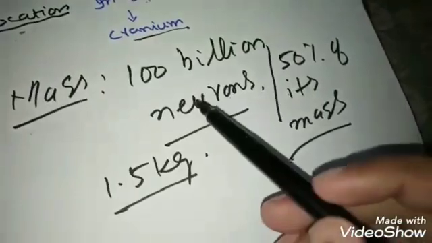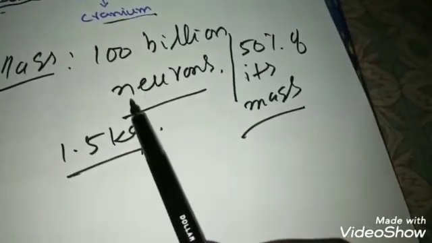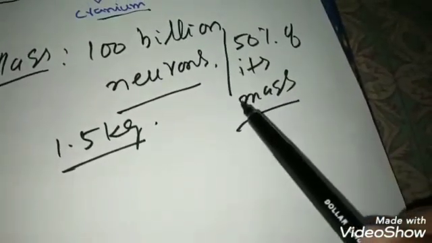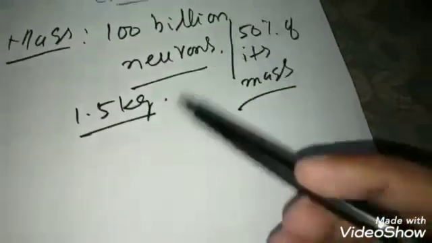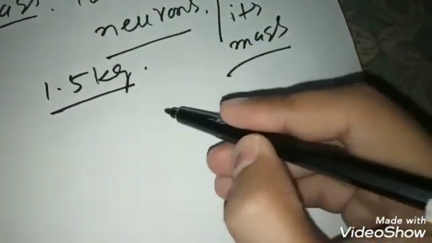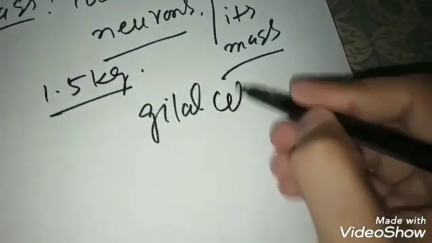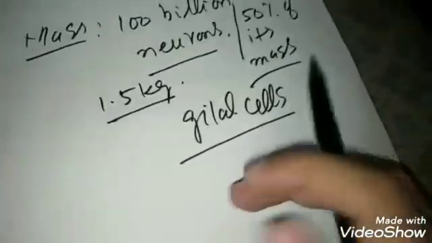Or you can say that 100 billion neurons make up 50% of the brain mass. Half of the mass of the brain is due to glial cells, which are not neurons.